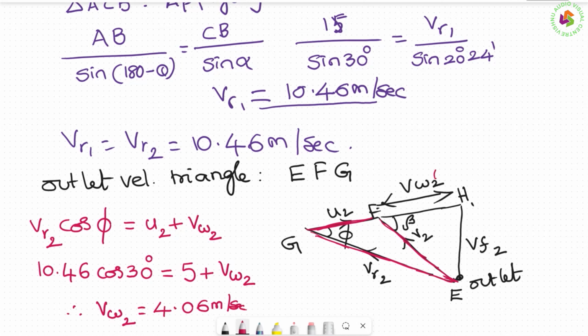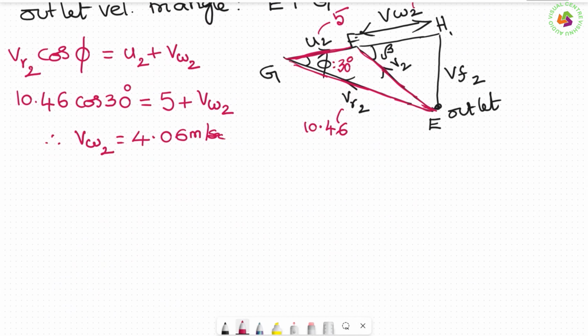See this value first: 4.06. This is 5 and this is 10.46 and this is 30 degrees. This is what I have done first.